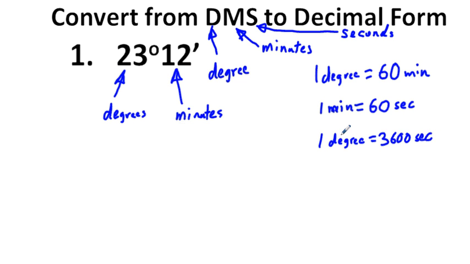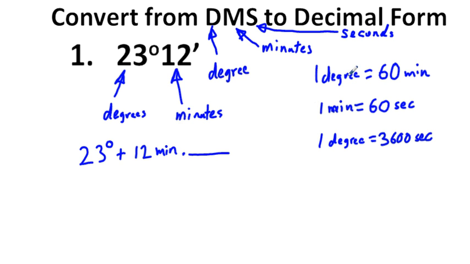And so we're going to use these identities in getting a decimal form. For 23 degrees, 12 minutes, we have 23 degrees. That's going to be quite easy. Plus, we want to take this 12 minutes, and I'm just going to write out MIN, might be more obvious, and multiply it by the conversion factor related to minutes and degrees.